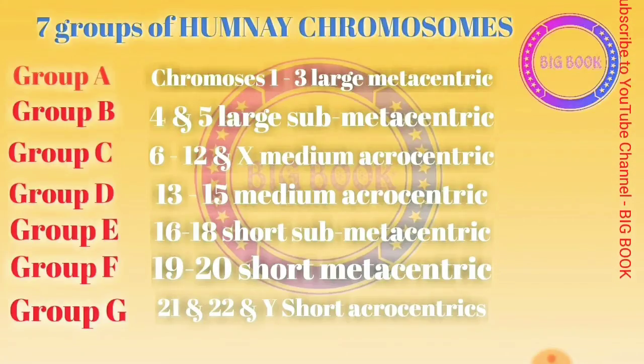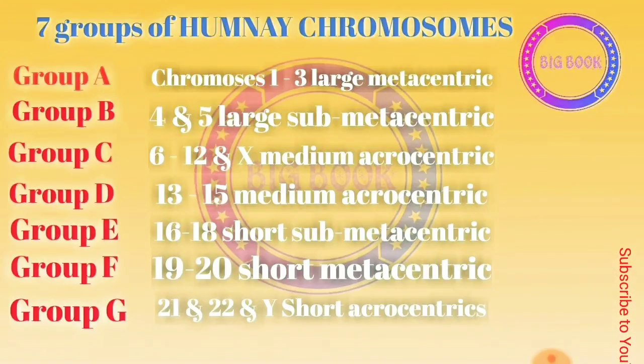is comparably equal to the 6th, 7th, 8th, 9th, 10th, 11th and 12th chromosomes. So here the X chromosome will be placed. Group D will have 13, 14 and 15, medium acrocentric chromosomes.